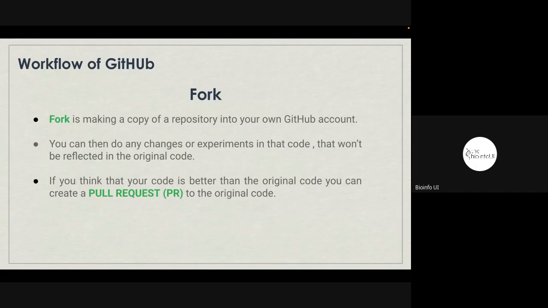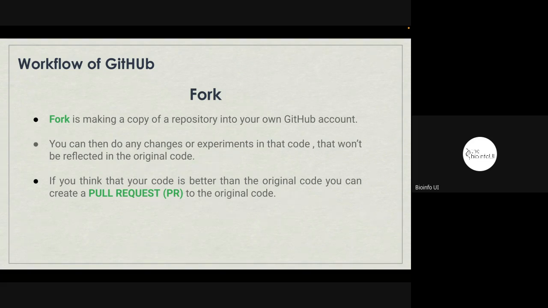We also have what we call pull requests on Git. Like I said, when you fork, whatever changes you make to the code won't reflect on the user's repo.